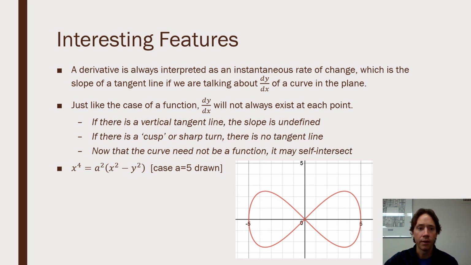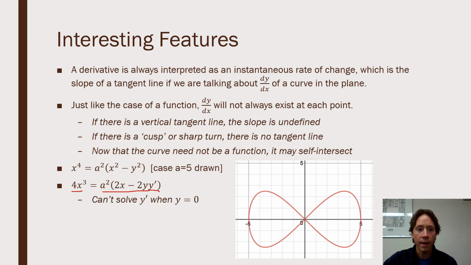x to the fourth is a squared times x squared minus y squared, and that'll give us a bow tie shape. If I take a derivative of both sides of the equation, derivative of x to the fourth is 4x cubed, and the implicit derivative of the right-hand side looks like this, a being treated like a constant.